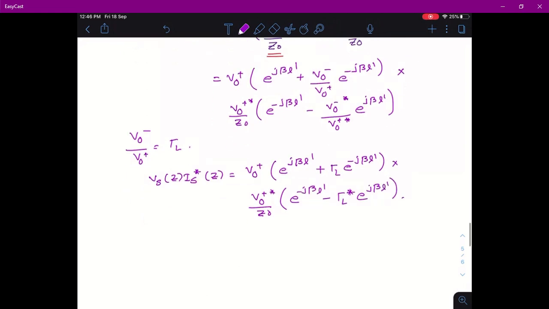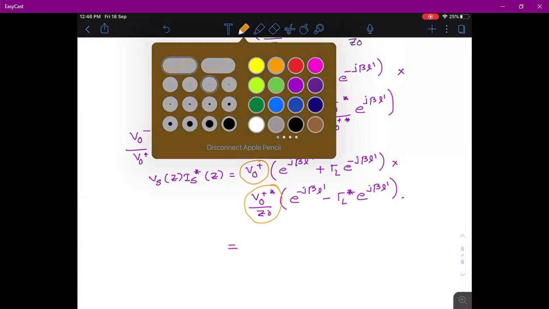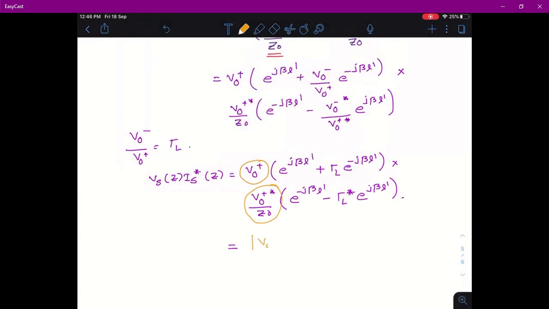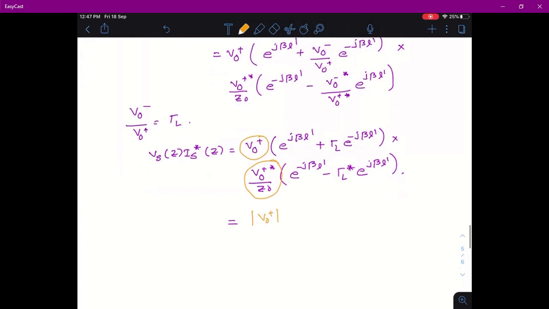Okay. Let us cross multiply. When you multiply V0 plus and V0 plus conjugate by Z0, it will be mod square of V0 plus by Z0. Z1 conjugate Z1 is mod Z1 square by Z0.